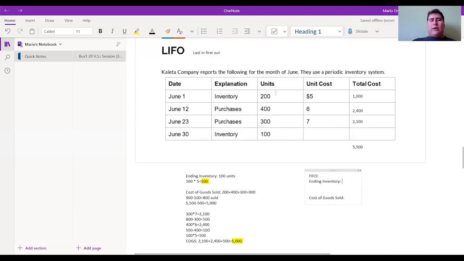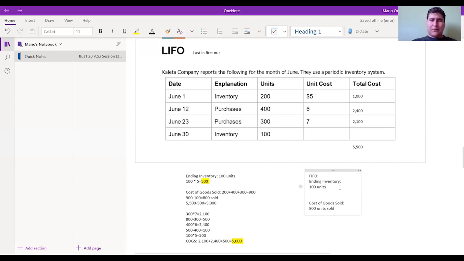Like I said here, our ending inventory was this 100 units. So I'll set up all the given information here. And then our cost of goods sold, 800 units. So here we have our ending inventory of 100 units and our 800 units sold.